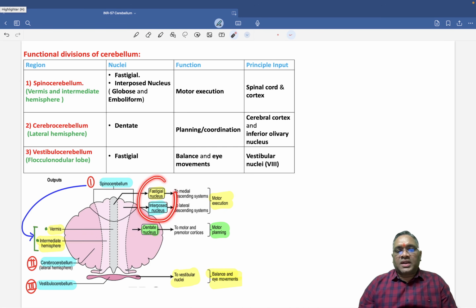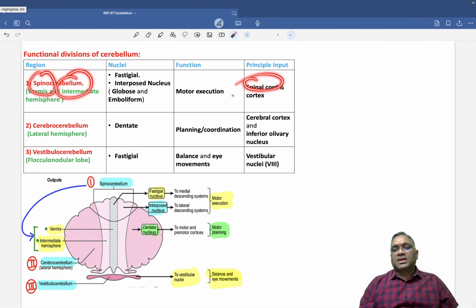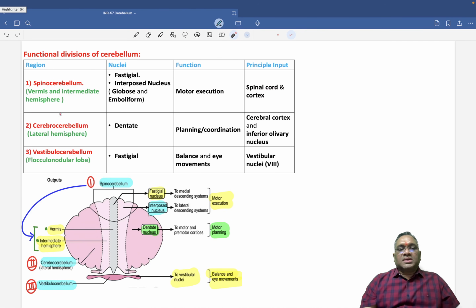The fastigial nucleus will send signals to the medial descending system, and the interposed nuclei will send to the lateral descending pathways. These medial and lateral descending pathways help in motor execution, meaning motor movement by the spinocerebellum. And their principal input, as the name itself tells, is the spinal cord and cerebellar cortex, right?